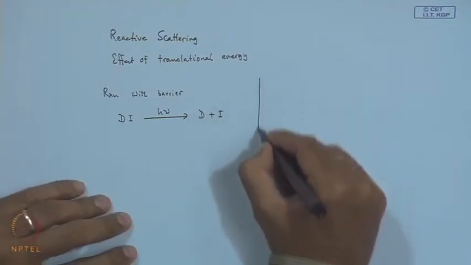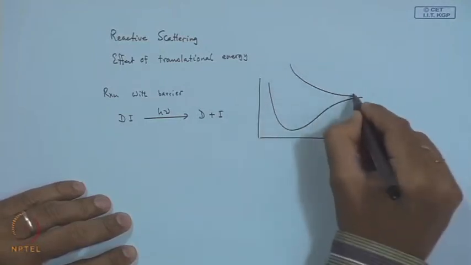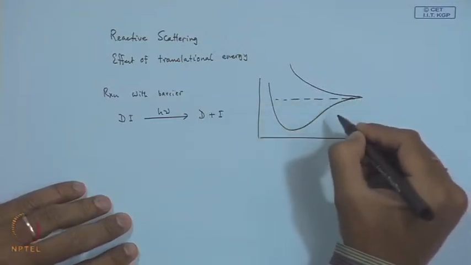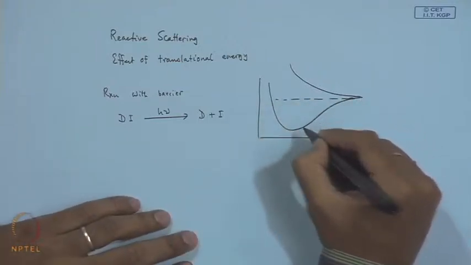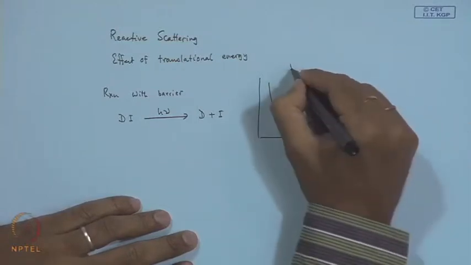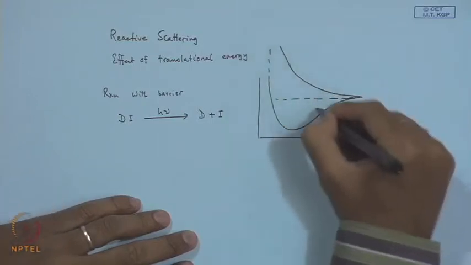So, conservation of energy and momentum is taking place. If you plot this like this, this is your ground state, this is your excited state. This one is repulsive and this one is attractive.